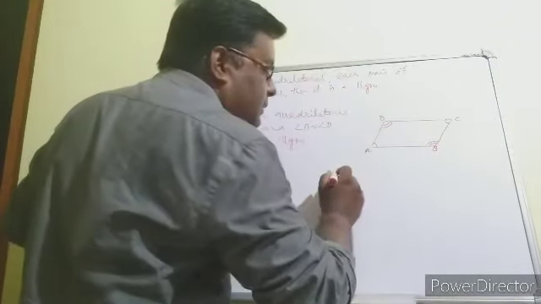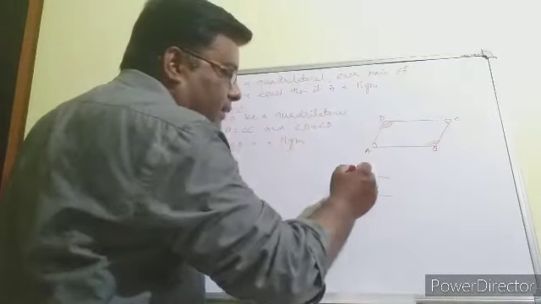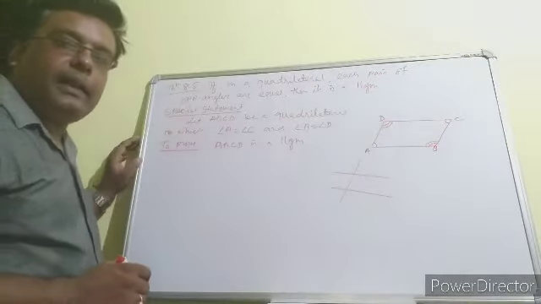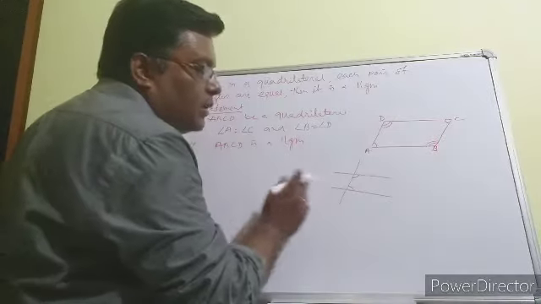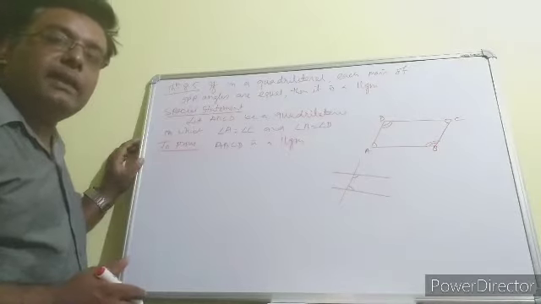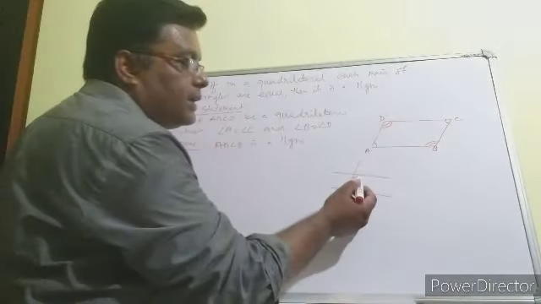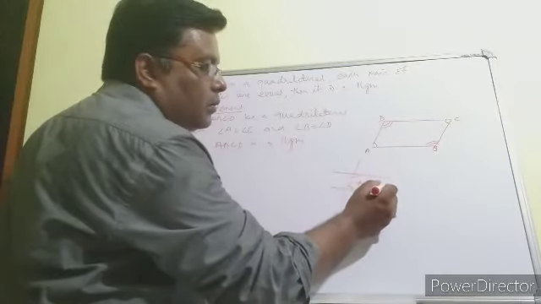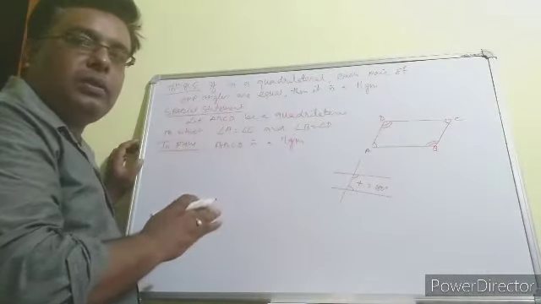If there are two parallel lines and both the lines are intersected by a transversal, then the interior angles on the same side of the transversal are supplementary. That is, if we add these two angles, then it is equal to 180 degrees if they are parallel.